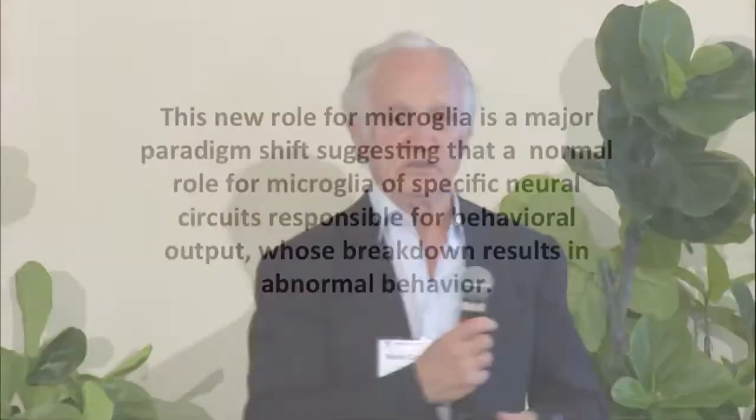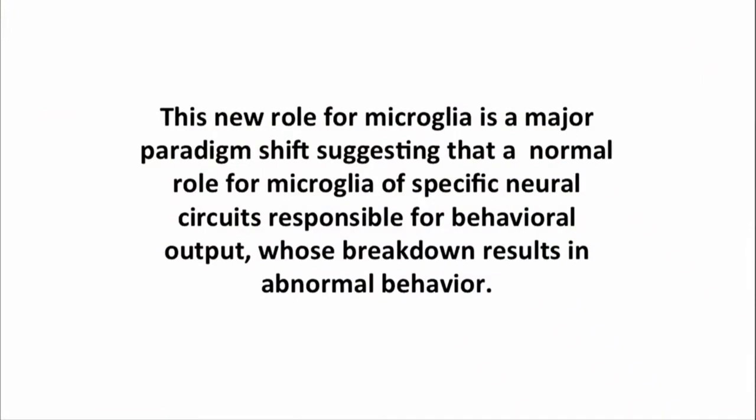And when it has a mutation, now you have altered behavior. Try to convince somebody of that. We've had a difficult time convincing anybody of that, but I think it's true. So that's a new rule: defective microglia are somehow affecting neural circuits, modulating those neural circuits, so you have a behavioral output that's not normal.